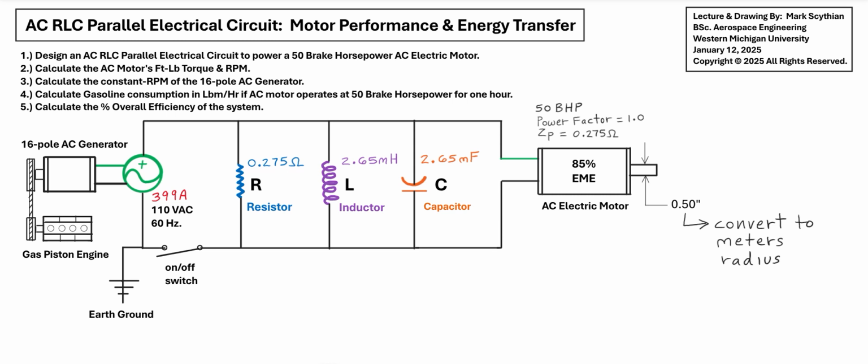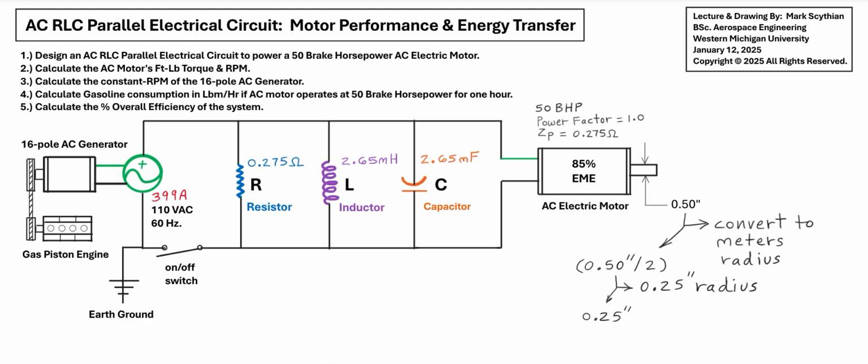Moving on to assignment number 2, calculate the AC motor's foot-pounds, torque, and RPM. So the first step is to take the diameter of the output drive on the motor, which in this case is 0.50 inches, or 1/2 inch. We divide this value by 2 to get the radius of the output drive, or its shaft on the motor, 0.25 inches radius.